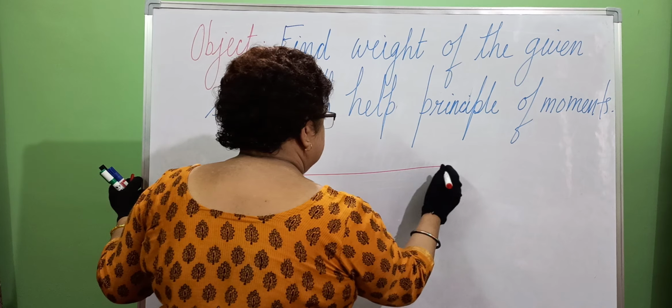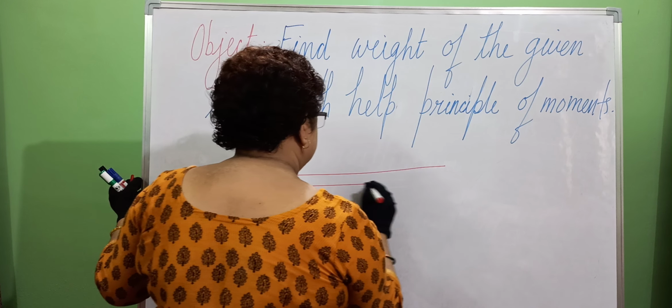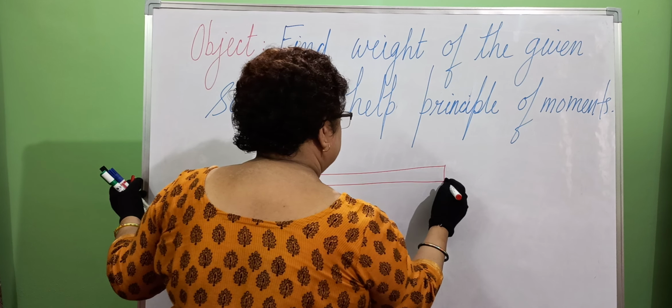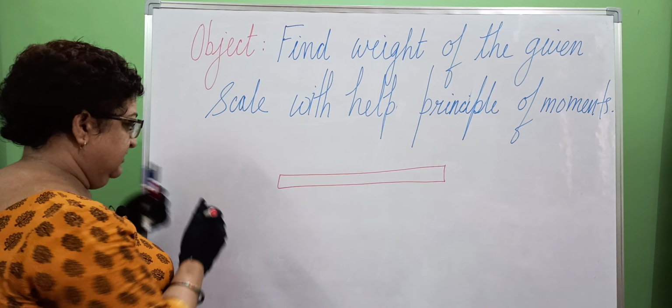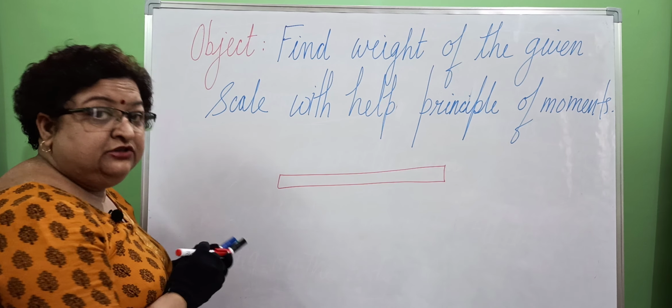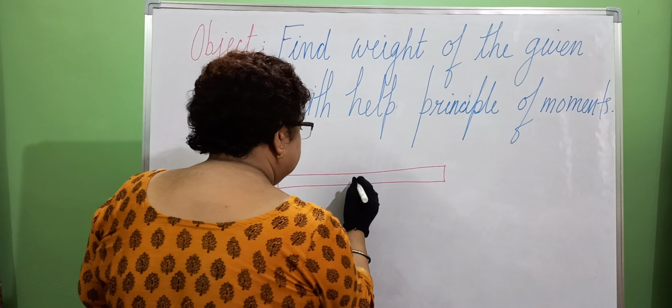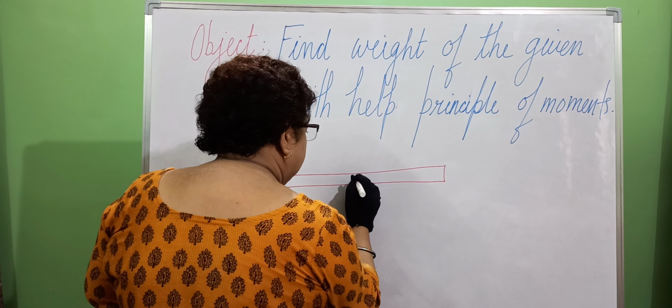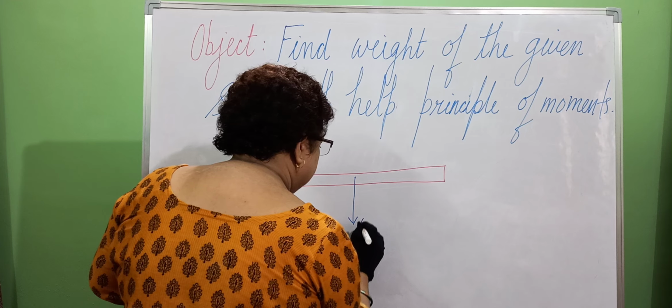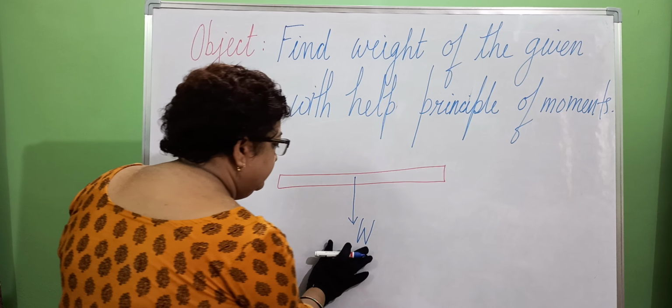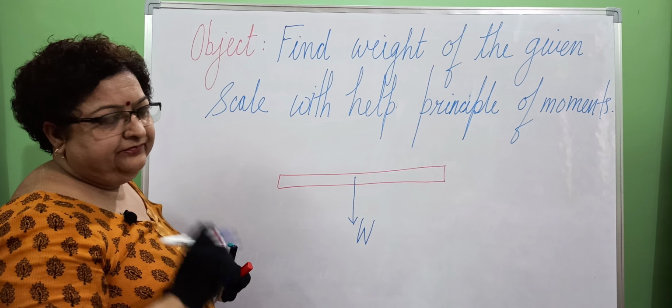This is the scale, right? Point of suspension is at the 50 centimeter mark, and at the 50 centimeter mark the weight of the scale is acting.